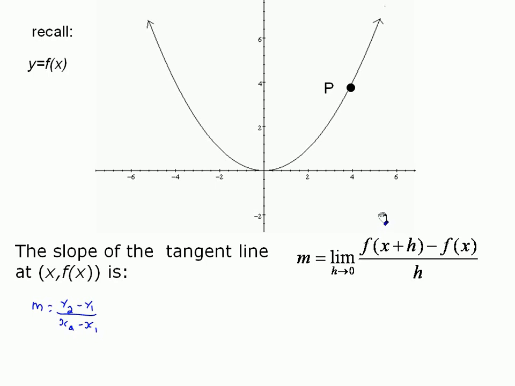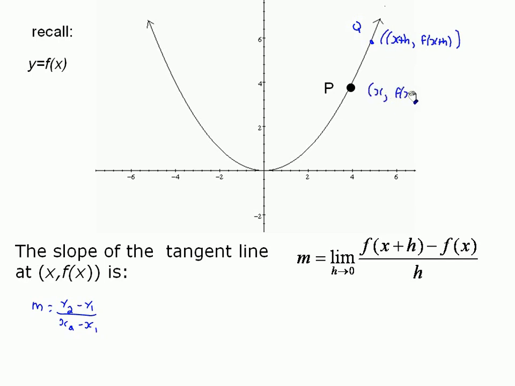Previously, for a specific point on the curve, we would make that h very small, and that would allow us to solve for the slope. But here, using limits, as the horizontal distance is as small as possible, so as h approaches 0, we can get this sort of formula.